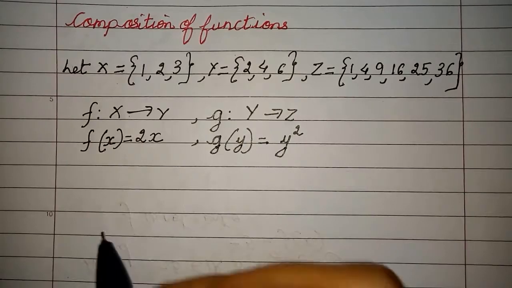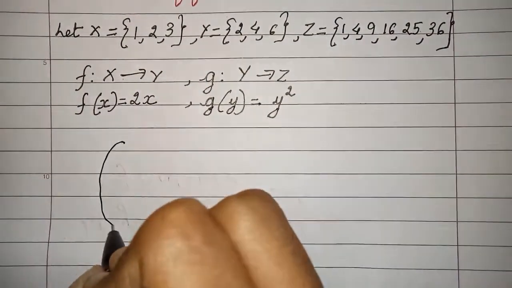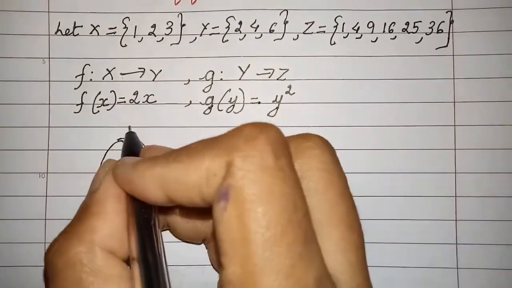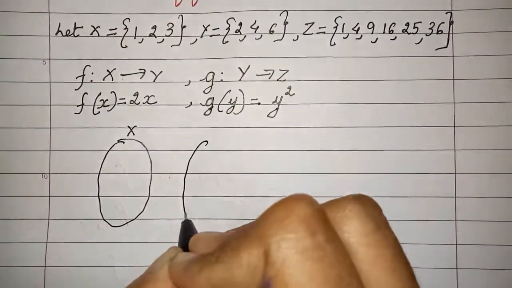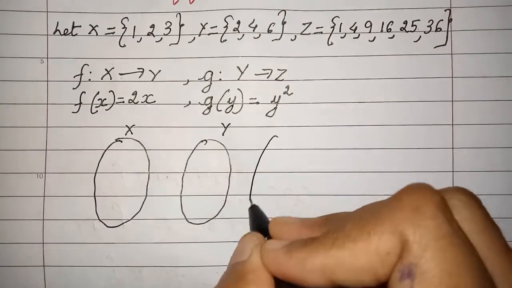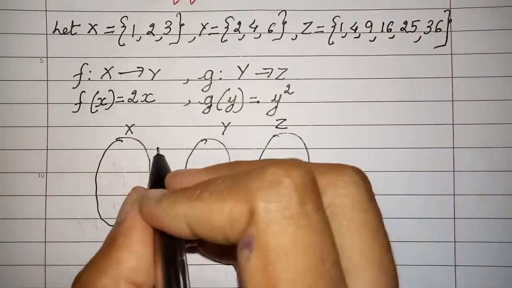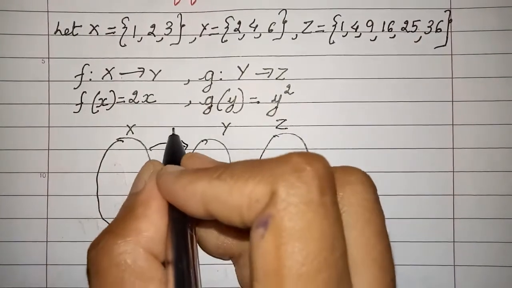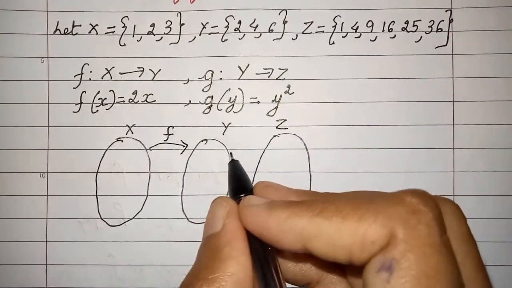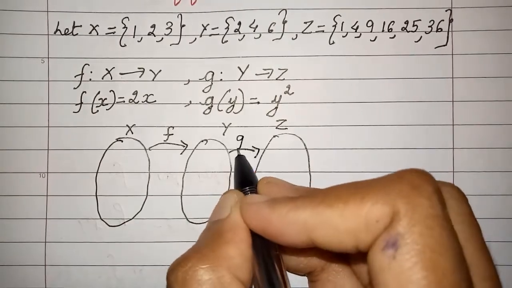Now I am going to represent this pictorially. I have my set x here, I have my set y here, I have my set z. Now set z has many elements, so I will draw it a little bigger. Now x is going to y under the relation f, and y going to z under a relation which is a function g. Both are functions.